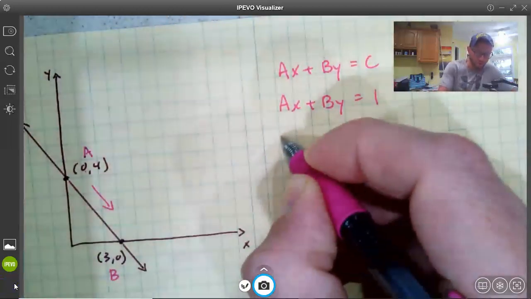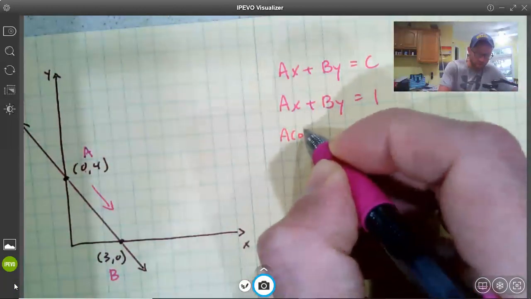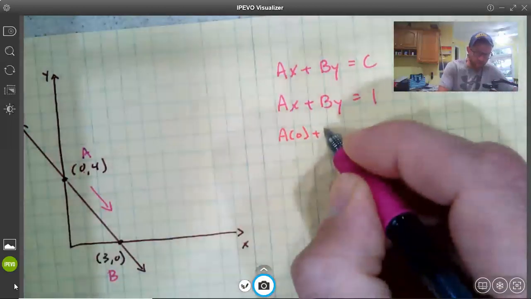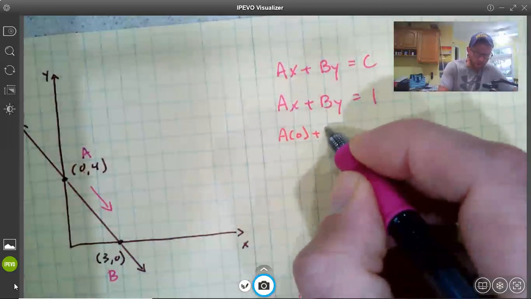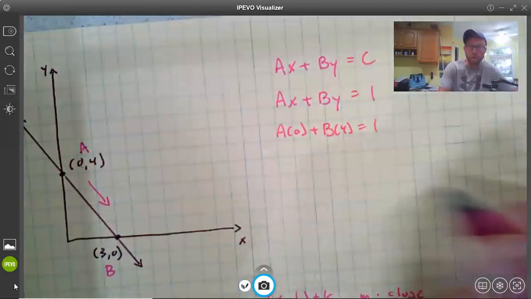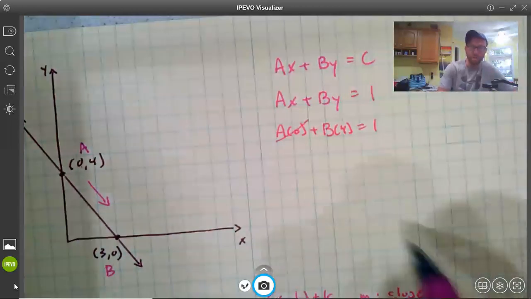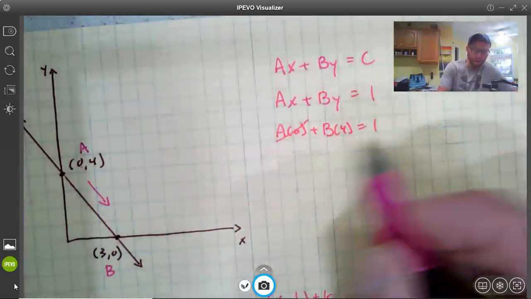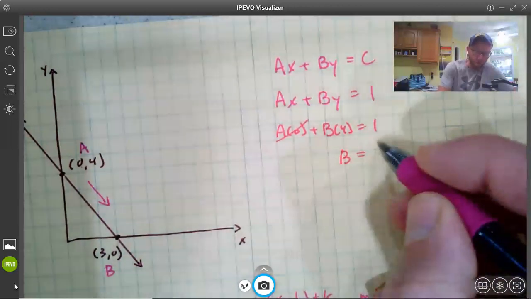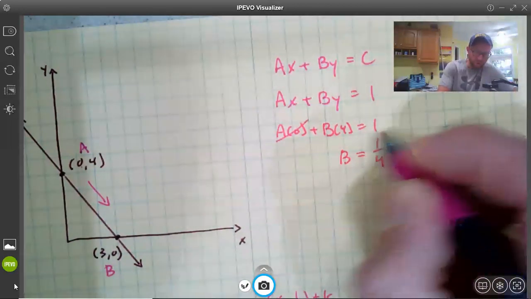So I'll do a times 0 plus, I'll plug in 4 for y here, b times 4 equals 1. This term goes away, and b times 4 equals 1, divided by 4 on each side, and I get that b equals 1/4.